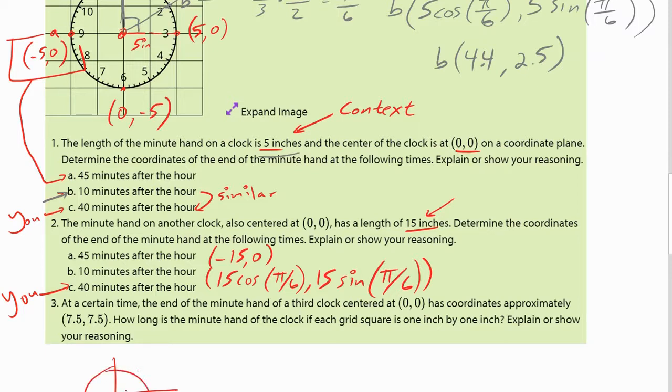Ah, that's not too bad. And they say 7.5 comma 7.5. That would be right around there, right? And they're asking, how long is the minute hand if each grid is 1 inch by 1 inch? Oh, okay.